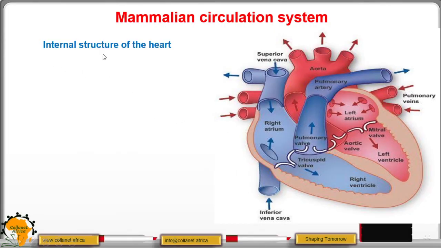We move to the internal structure of the heart. So we have the vena cava here, which is bringing blood to the heart from all parts of the body. Then the blood enters the heart through this vena cava down to the right auricle.